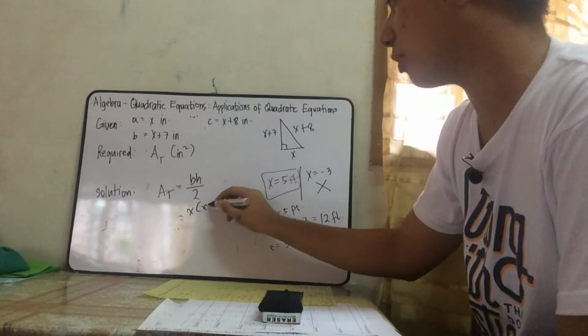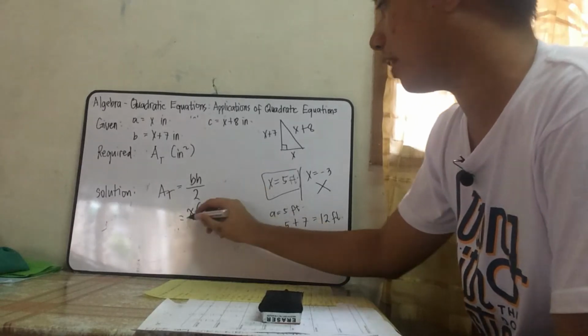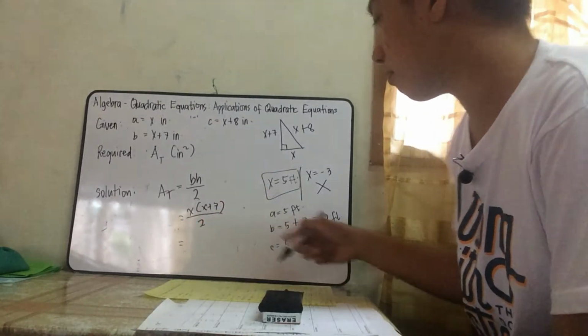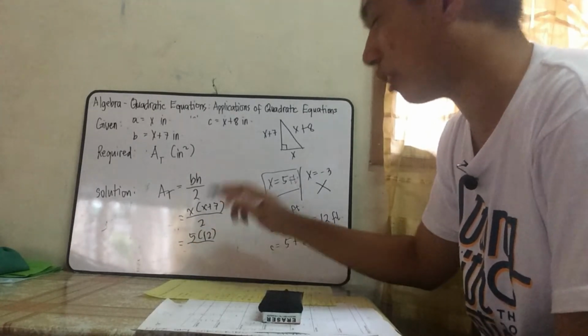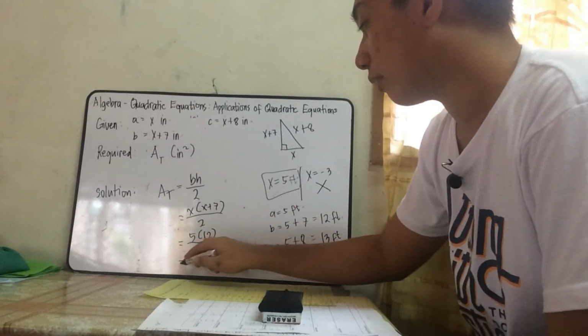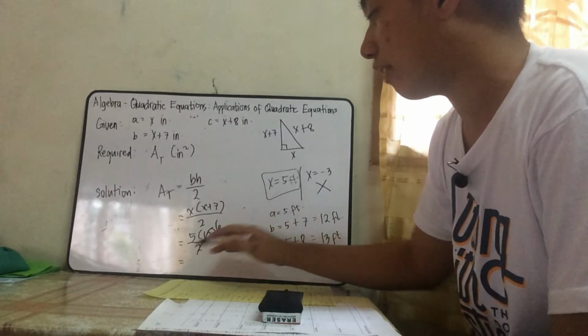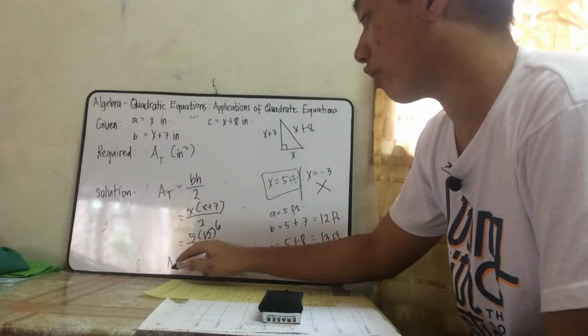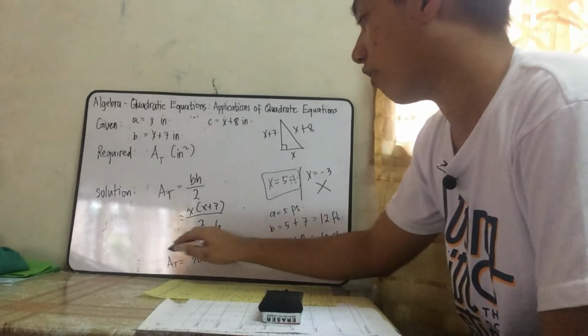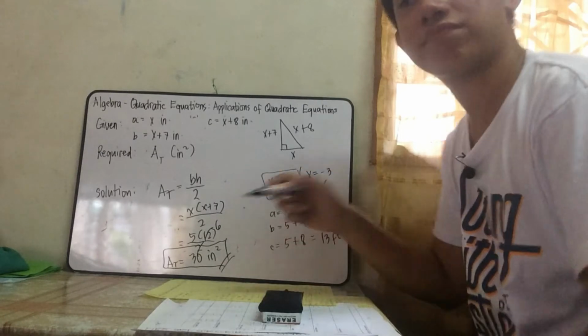Ang height natin is x plus 7, divided by 2. So, we just plug in the numbers. 5 times 12 divided by 2. We cancel this one. 5 times 6 is 30 square inches. So, therefore, this is the area of the triangle we are looking for.